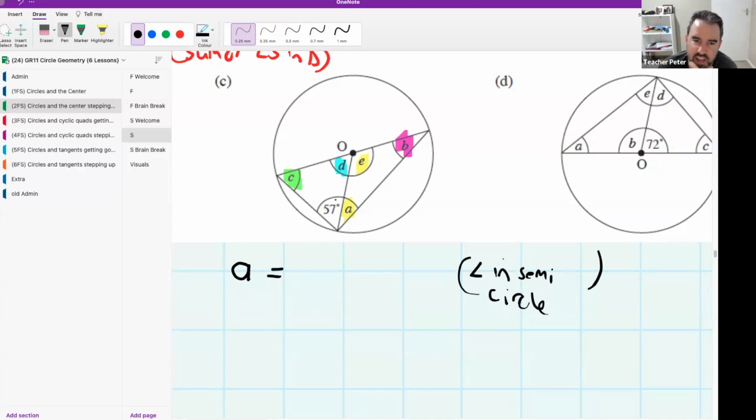Yeah, so because this whole thing has to be 90, because you've got this diameter here, this just has to be 90 minus 57, which is 33. So my A is going to be 33.